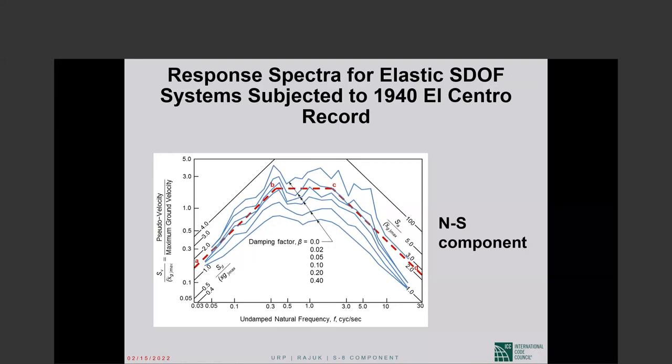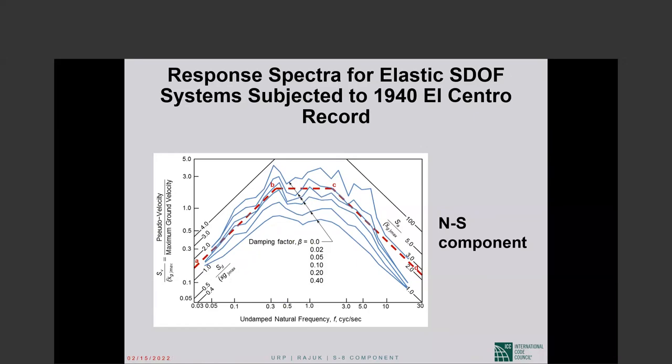Okay. Then what Professor Newmark has done is to indicate that the 5% damped spectrum, this is 0, this is 2, this one is 5%, the third one from the top, that spectrum, he indicates, can be approximated by the 3 red lines.